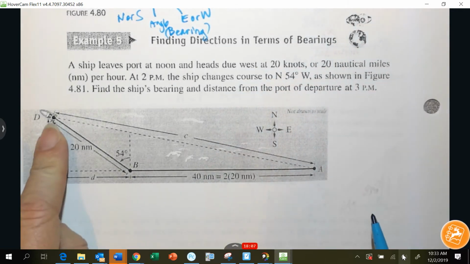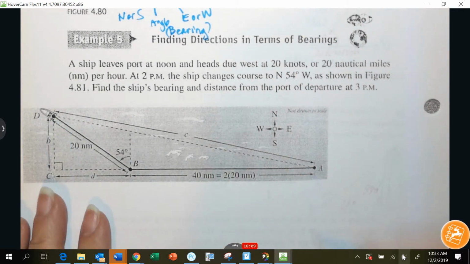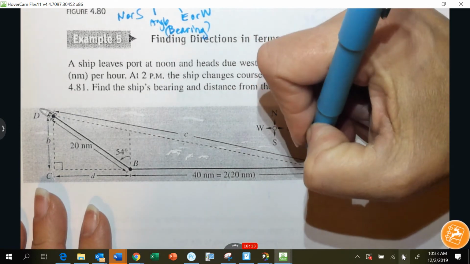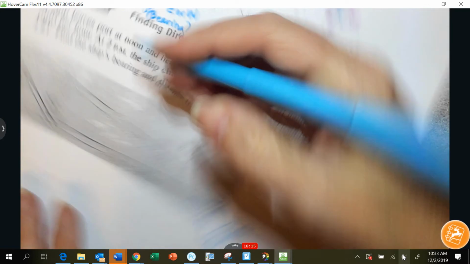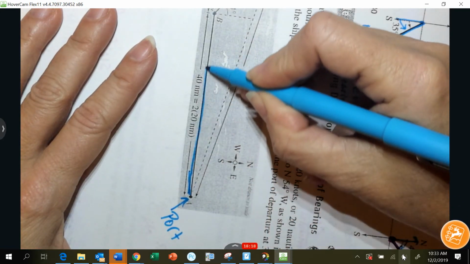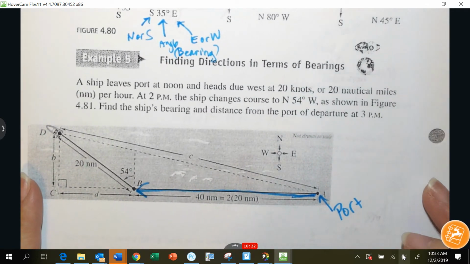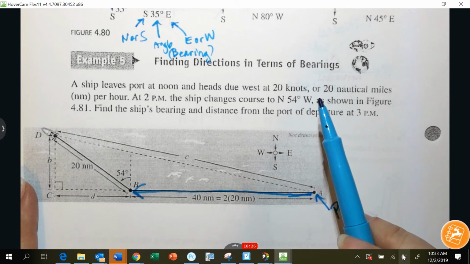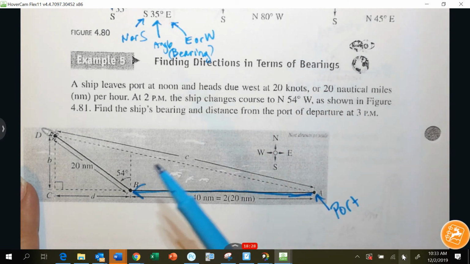You see where the ship is now. So the ship was going, this is going to be where the port was. Okay, so the ship was going this way at first. It says it's traveling at 20 knots or 20 nautical miles per hour.